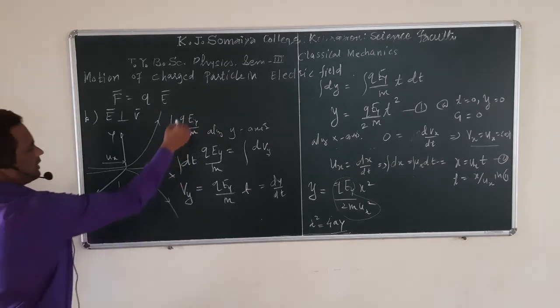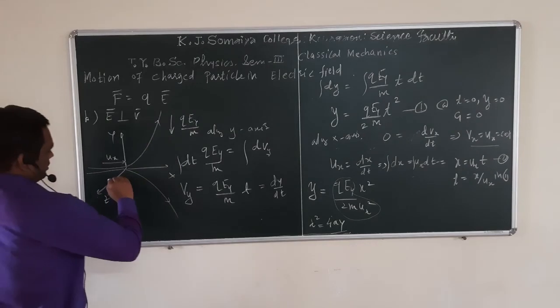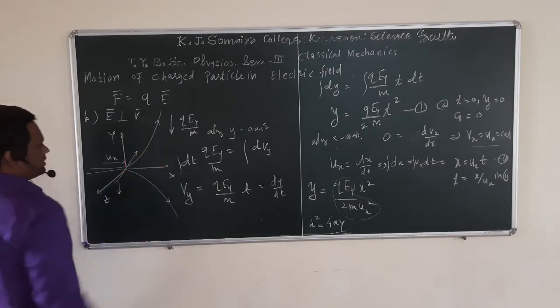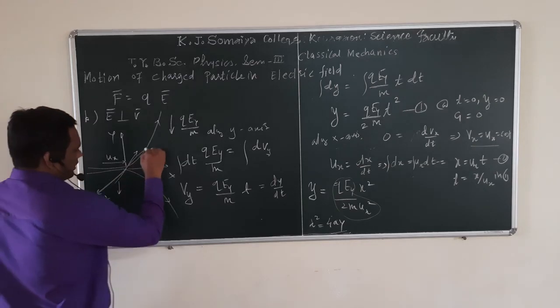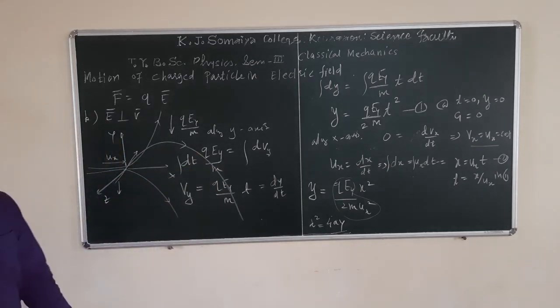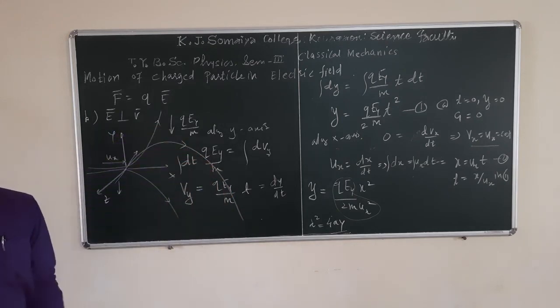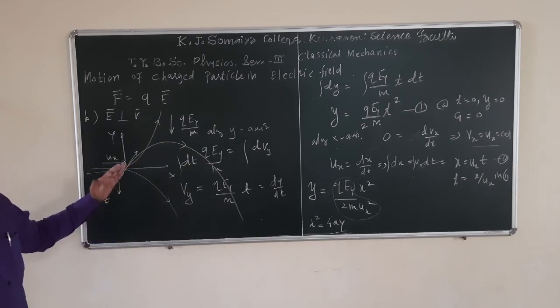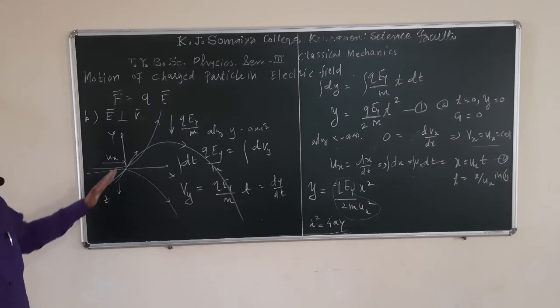If you place the charged particle like this, then it will go like this. So we know how the charged particle is going. The charged particle follows a parabolic path, same as what we have studied for projectile motion. So it will go like this.